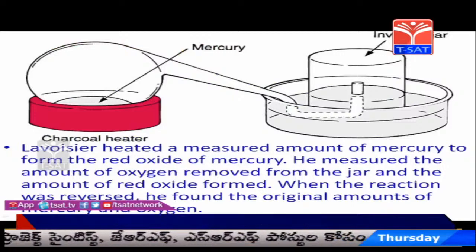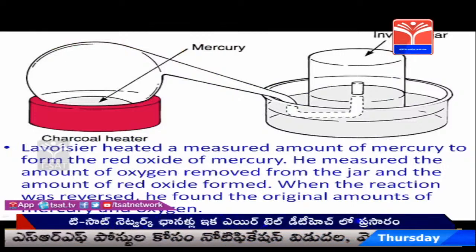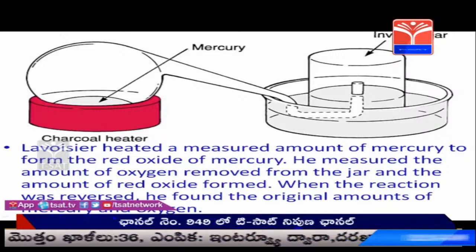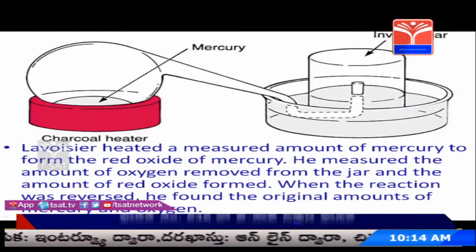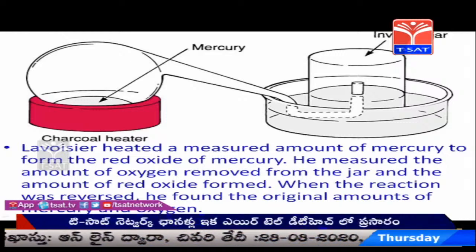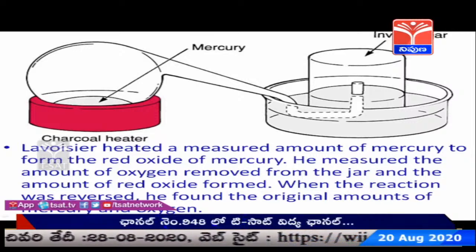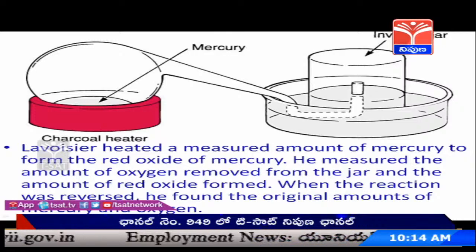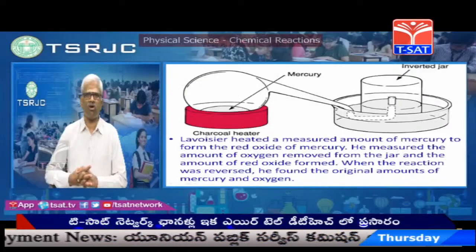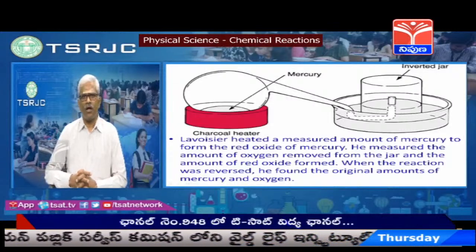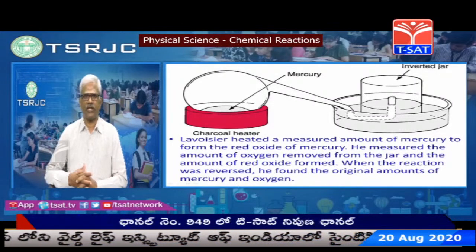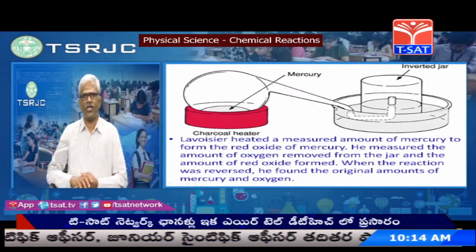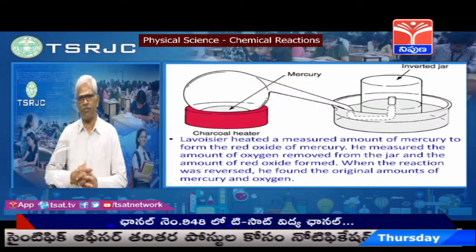Lavoisier heated mercury in the presence of charcoal and he got mercuric oxide. During that combustion reaction, the mercuric oxide formation, he calculated how much mercury combined with how much oxygen. When the mercuric oxide is decomposed, the same quantity of mercury and oxygen were separated.